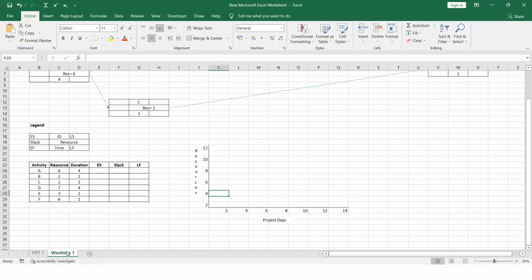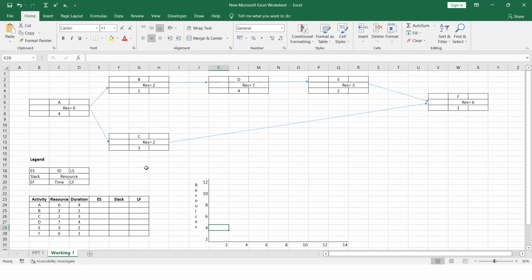So in this Excel sheet, can you see my Excel sheet?